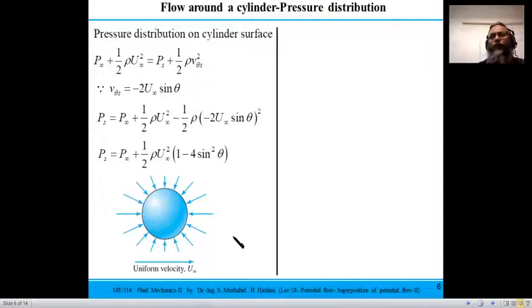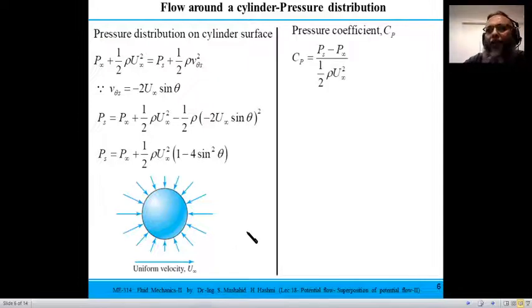So that would bring some typical pressure distribution. Okay, what we can do is write this expression in this form. So the difference between the pressures divided by the dynamic pressure. So as you know, Ps minus P infinity divided by half rho u infinity squared. This would be the static pressure, and this would be the dynamic pressure, and the ratio between the static and the dynamic pressure is called the pressure coefficient.